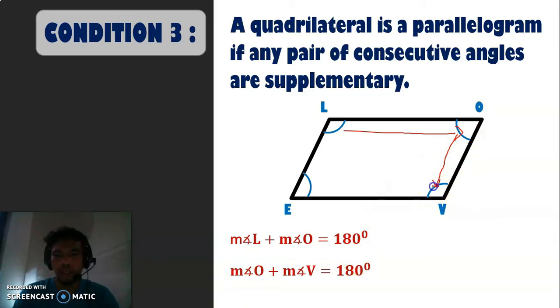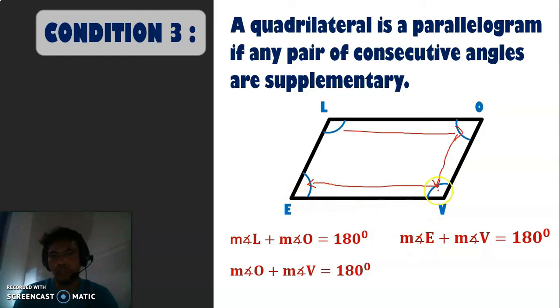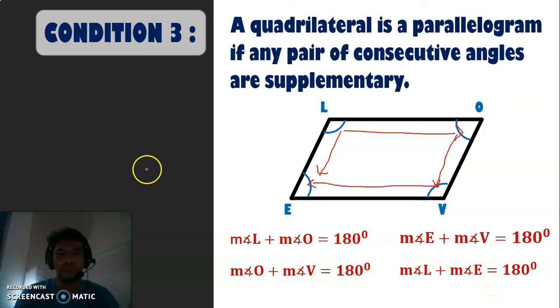The consecutive angle of angle V is angle E. So the measure of angle E plus the measure of angle V equals 180 degrees. The consecutive angle of angle L is also angle E. So the measure of angle L plus the measure of angle E equals 180 degrees.